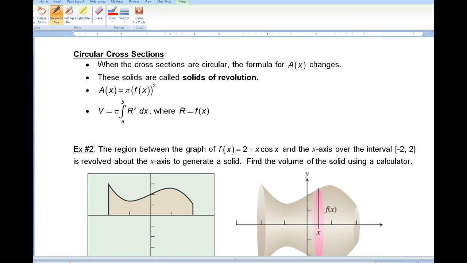Okay, so next one. This is the second method. The first one was slicing. The next one is circular cross sections. So it looks like a goldfish.